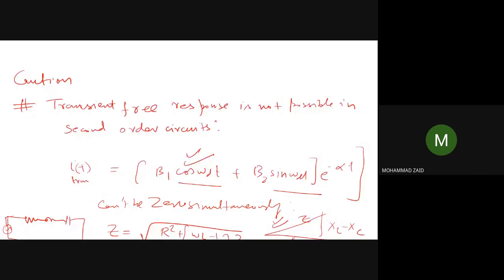So you can write down that in an RLC circuit, it is not possible to obtain a transient free response if the circuit has two storage elements, and cos and sine terms will not be zero simultaneously. There will always be a transient response, which is important to remember.